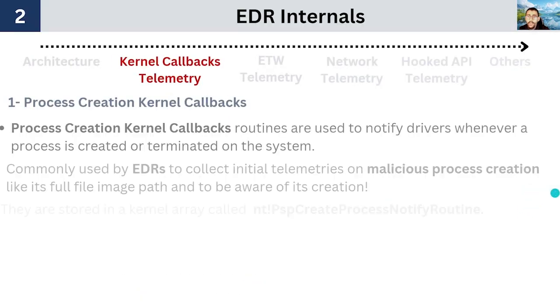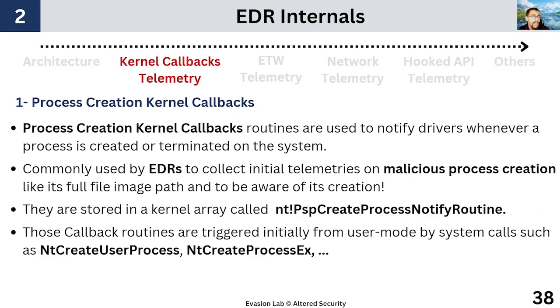Now let's take a look at kernel callbacks telemetry, starting with process creation kernel callbacks. Process creation kernel callbacks are low-level routines in the Windows kernel that are triggered whenever a process is created or terminated. They serve the purpose of notifying registered drivers about process creation events, allowing these drivers to collect telemetry and monitor process behavior.